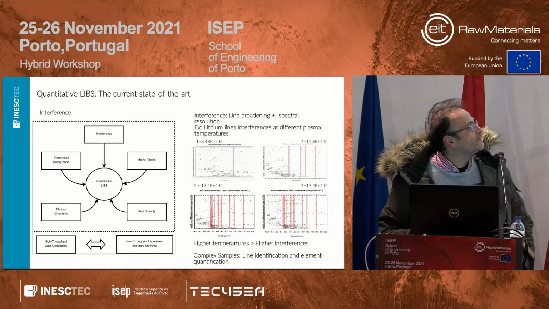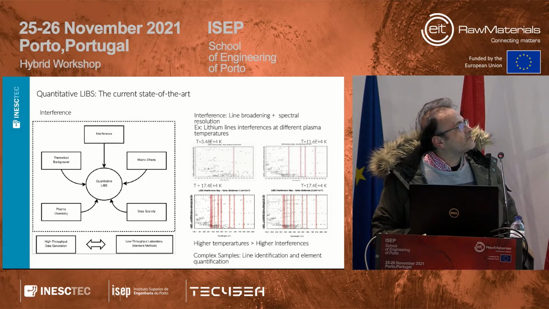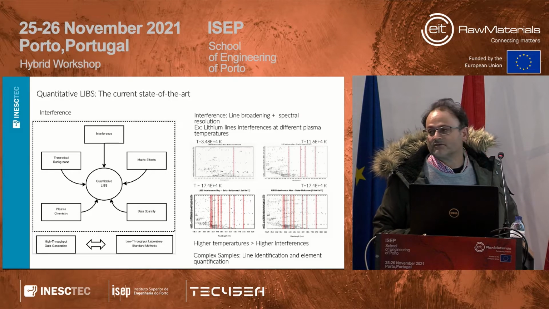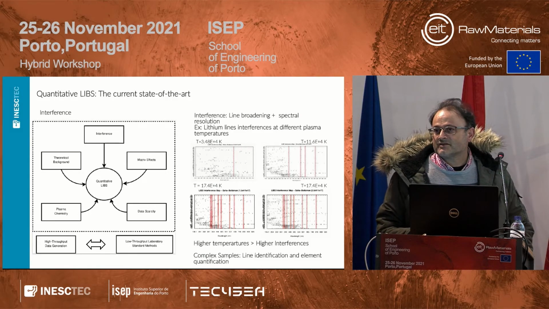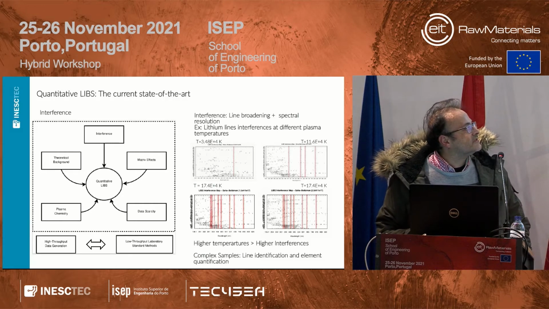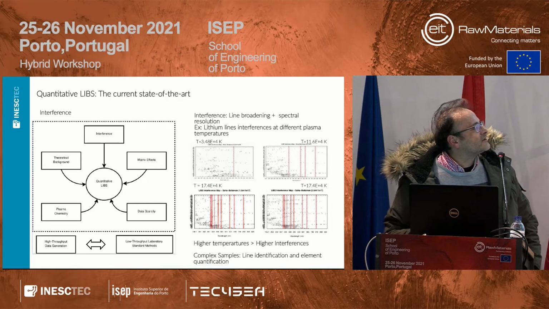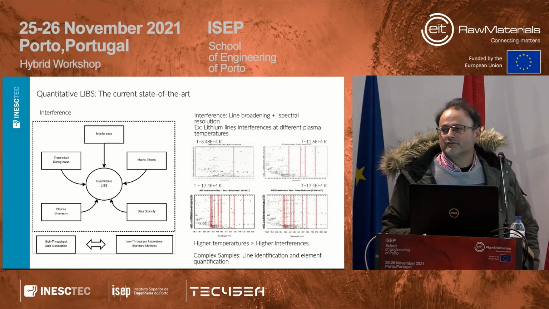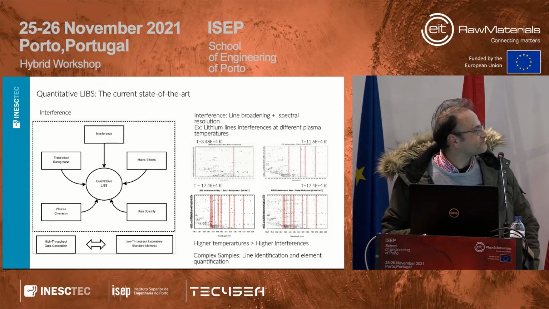And here, for instance, for the case of lithium, you can see that as we increase the plasma temperature, interferences between lines begin to increase. And as interferences between lines increase, it is more difficult to use the lines of lithium solely for lithium quantification.